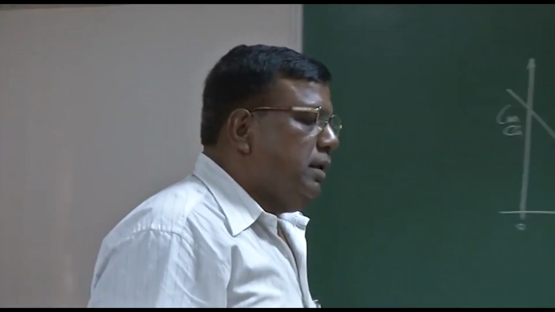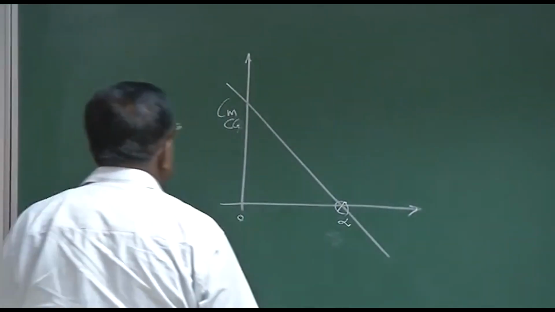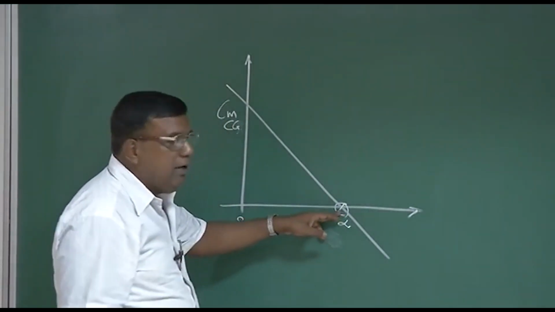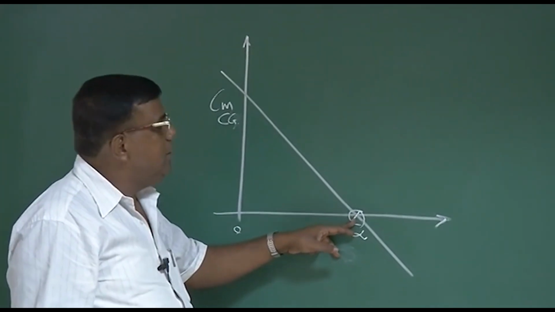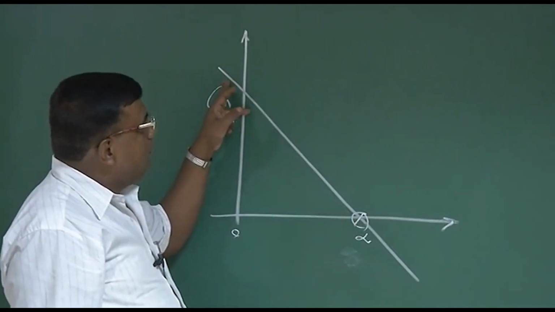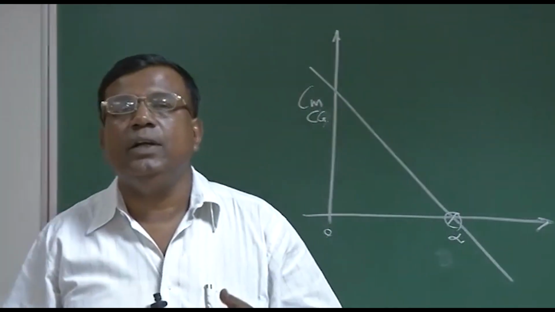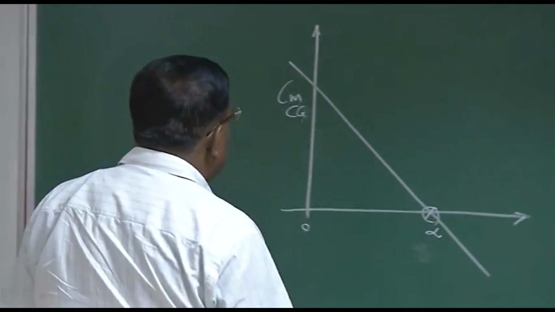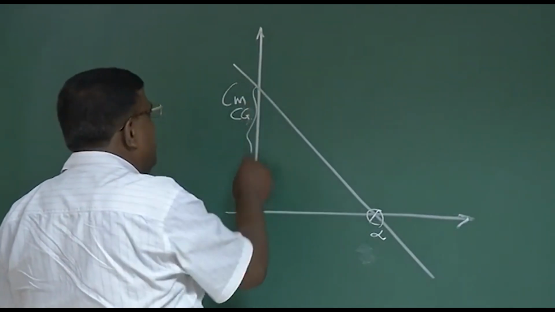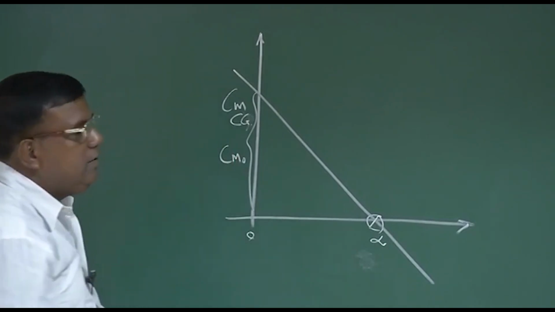You know by now that if I am flying a flying wing and I want that flying wing to trim at a positive alpha so that enough lift is there for a given velocity to balance weight, then not only should the aircraft be statically stable, that is, the aerodynamic center of the wing should be behind CG, but also it should be able to by itself generate Cm at alpha equal to 0, which I call Cm naught.